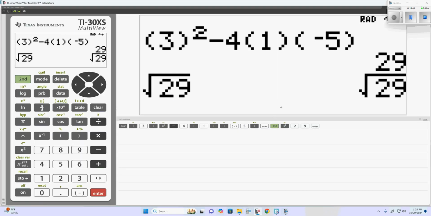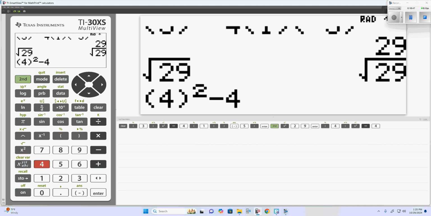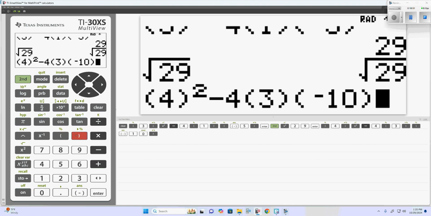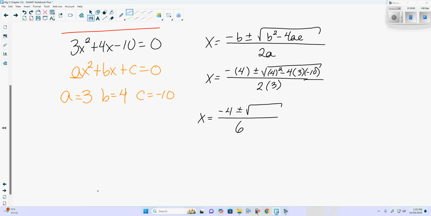Now we can do this by hand, or we can let the calculator take our 4 squared minus 4 times 3 times negative 10, which tells us that we have 136.